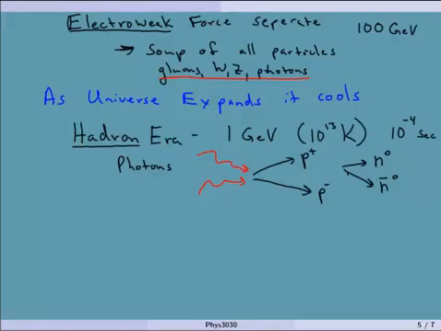After the Hadron era, we have something called the Lepton era. That's why I went over all these names before, because this is just what they're known as. And what happens here, we've got energies of about 100 MeV. It's about a factor of 10 below a GeV, talking about 10 to the 12th Kelvin.